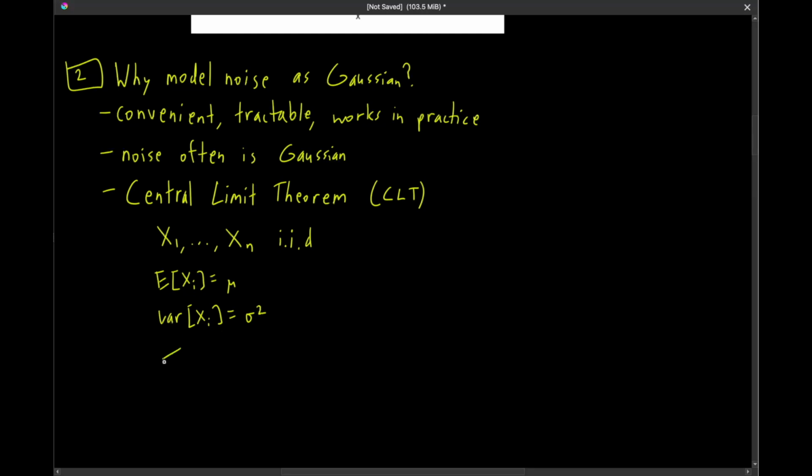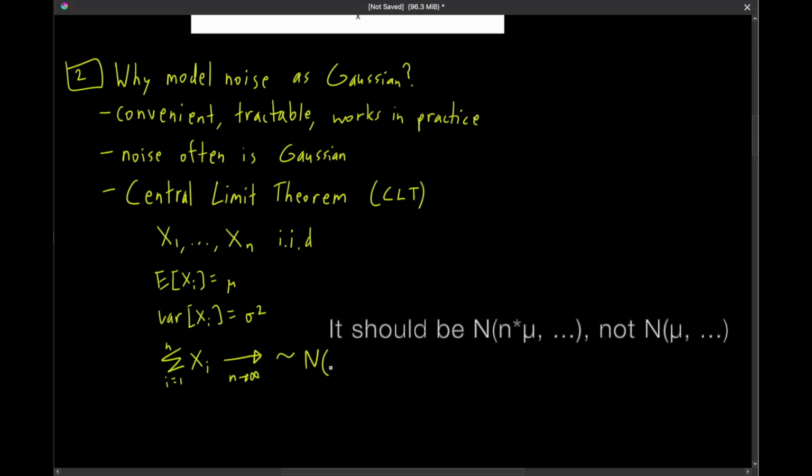The sum of these random variables is also a random variable. And as n gets larger and larger, the distribution of this sum approaches a Gaussian distribution with mean n mu. So, informally, as n approaches infinity, this is distributed approximately normal with mean n mu and some variance.